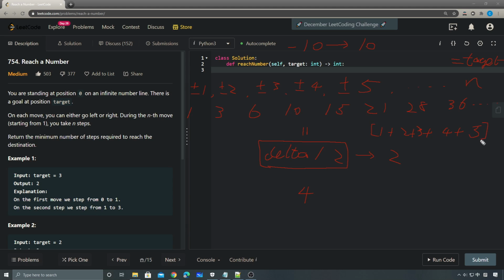And since the total consists of each of the numbers from 1 to the current 5, we can always find a subset of the numbers that equals the delta divided by 2.